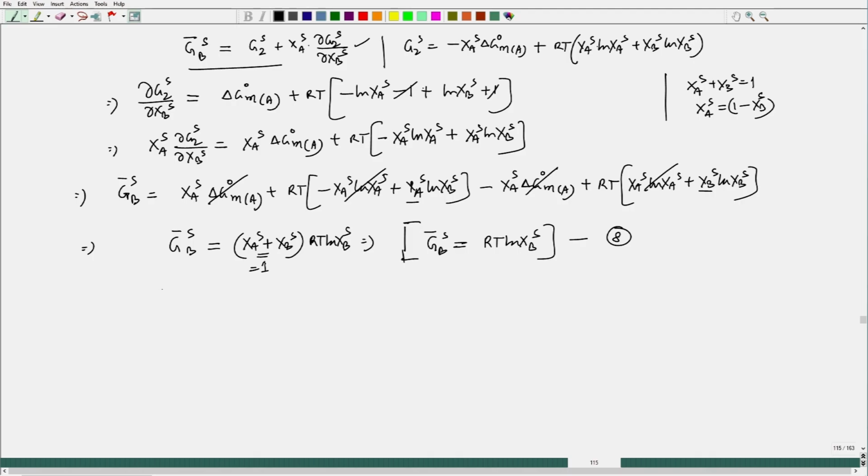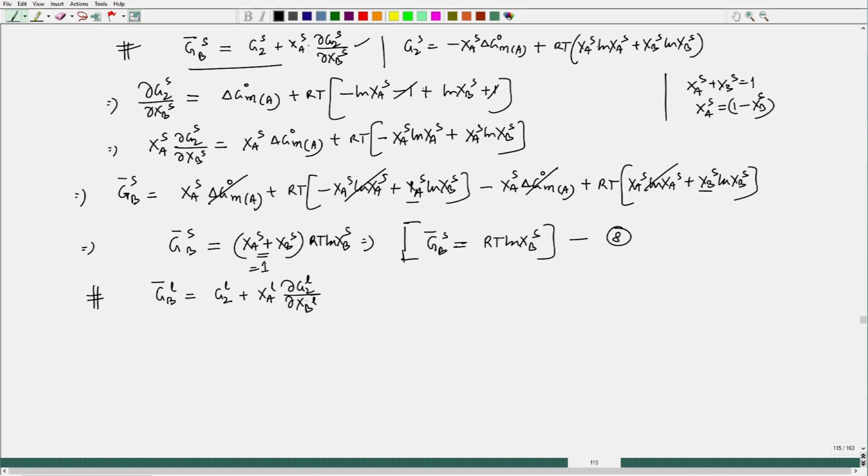Now let us find out the partial molar Gibbs free energy for B in liquid, which should be equal to G2L plus XAL times the derivative, so we are trying to find this and this.